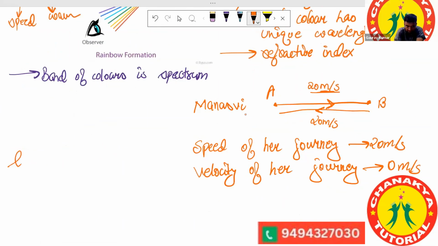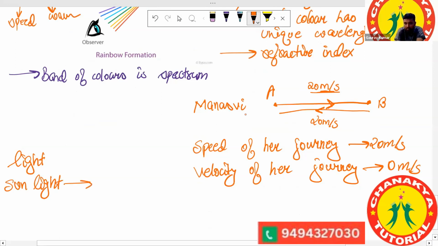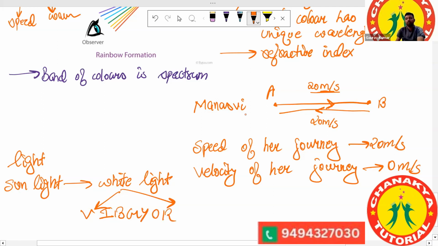So there is light, there is sunlight. Sunlight is also known as white light. This white light is made up of 7 colors: V, I, B, G, Y, O, R. Okay.